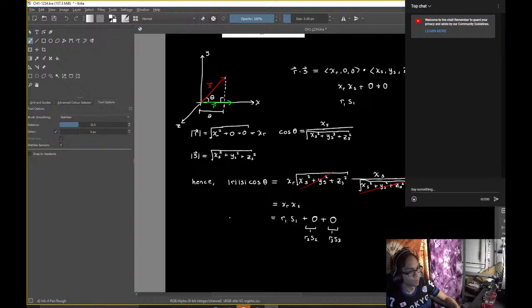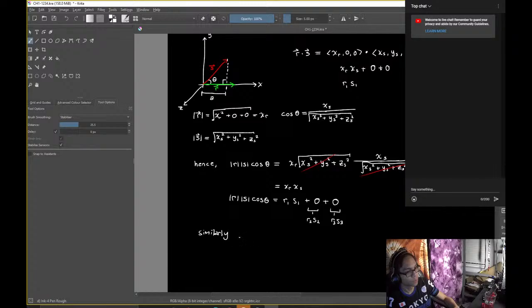So R S cosine theta. I'll just say similarly, R is parallel to the y-axis, R is parallel to the z-axis.